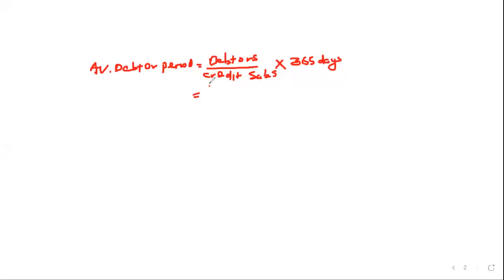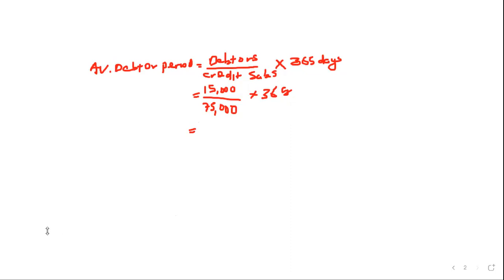So 15,000 over 75,000 and 365 days. She's going to give us how much?